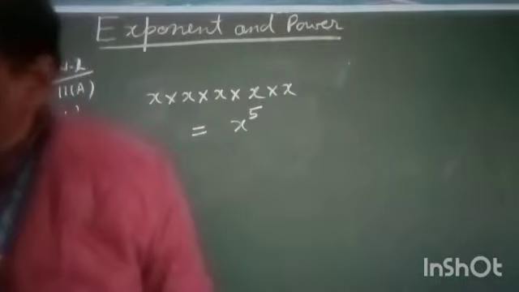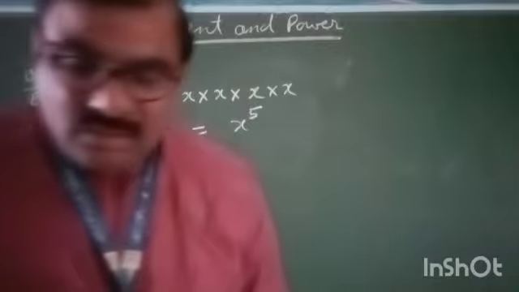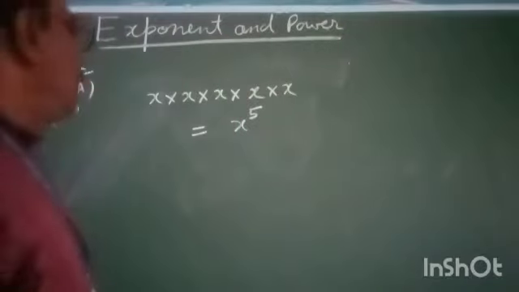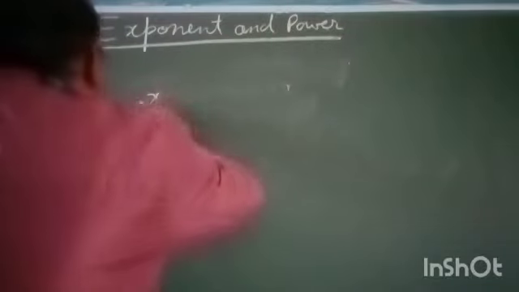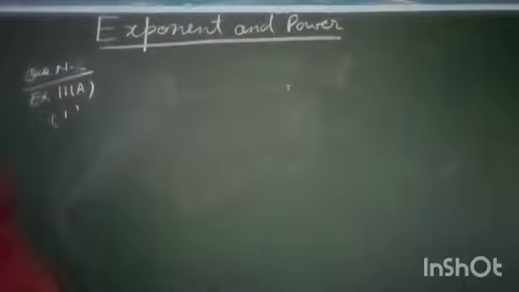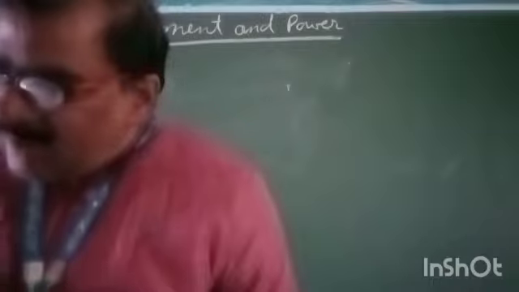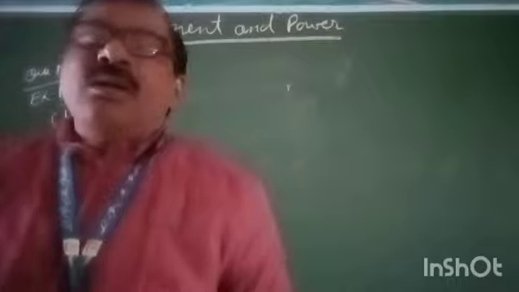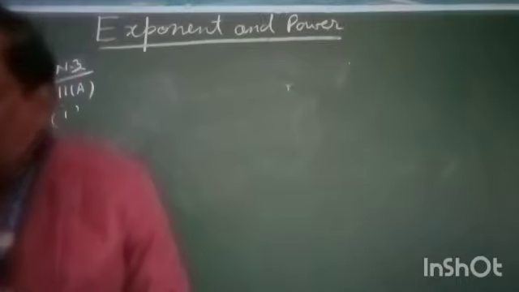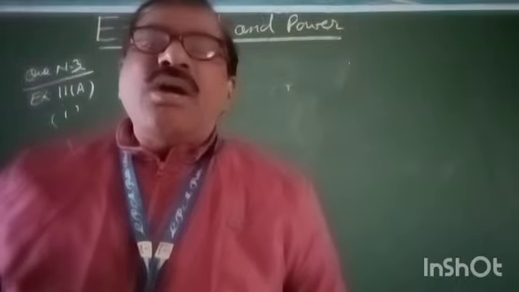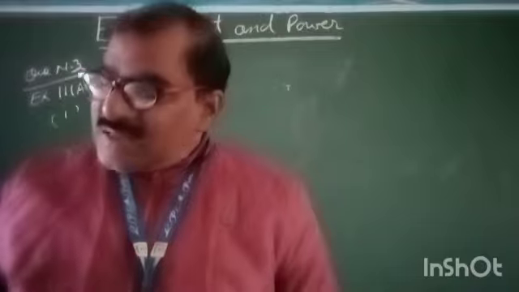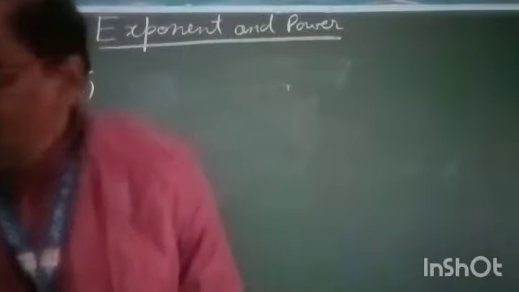Now, question number 3 of exercise 11a. The question is: express each of the following numbers in exponential form. In the question a number is given and you have to write this number in exponential form.